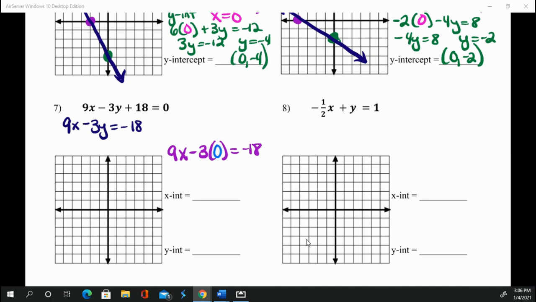And solve the remaining one-step equation. Be careful with negatives here because we're just having 2 points. So we really want to make sure that those 2 points that we graph are the correct 2 points.